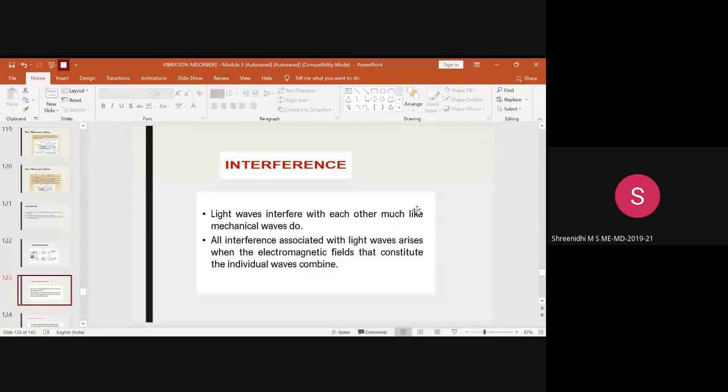Srinidhi? You can just tell in your own words what you mean by it. Srinidhi, you're there? Yes, ma'am. What do you mean by an interference? Yes, ma'am. In terms of light, a beam of light passing through one plane gets distracted. Why does it get distracted?